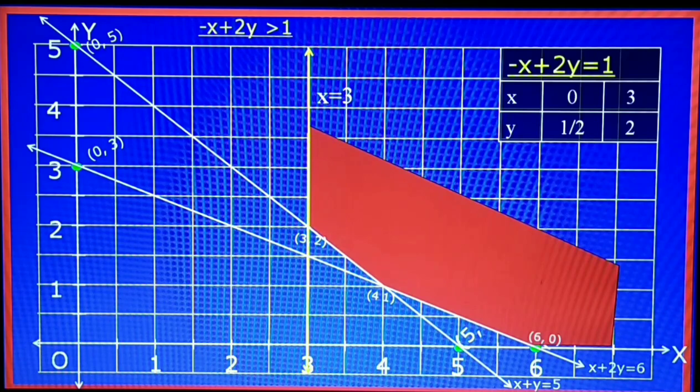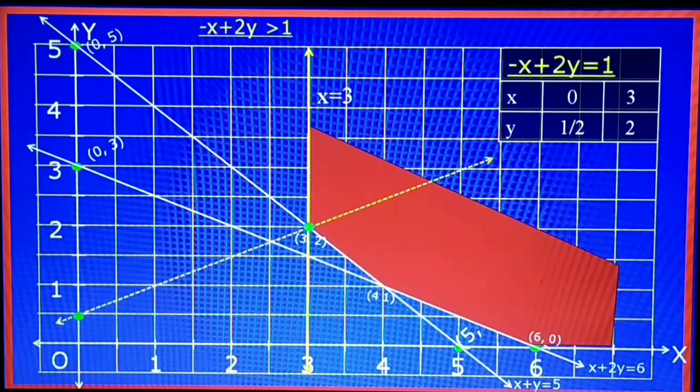Draw the graph of this line. When x is equal to 0, y is equal to 1 by 2. When x is equal to 3, y is equal to 2. Mark these 2 points. Through these 2 points, draw the line, a dotted line.